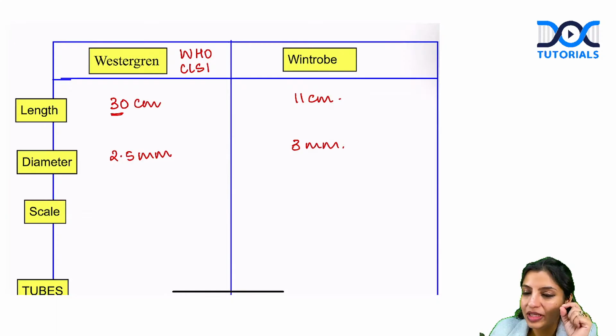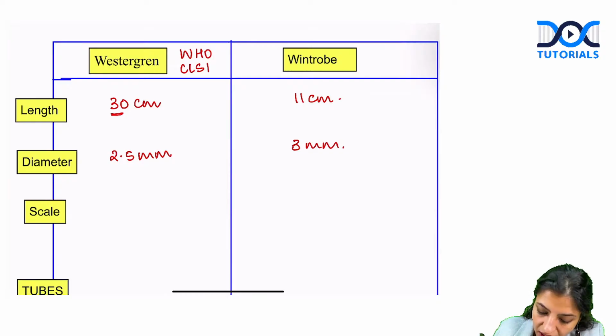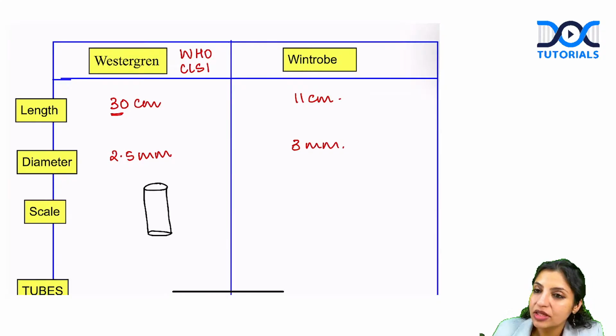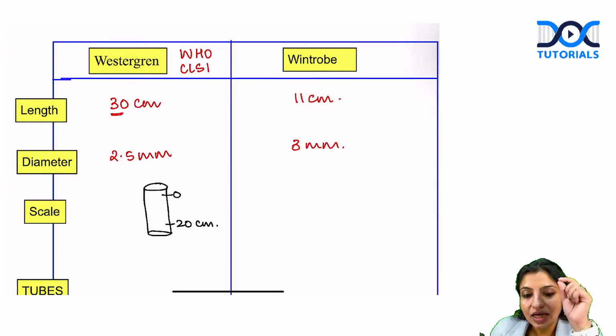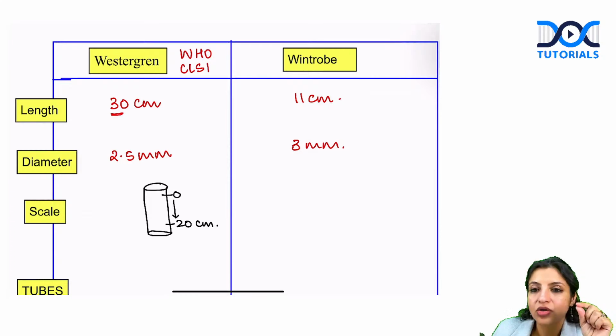Now, once you're clear with this, always remember there is a difference in the scaling, or the arrangement of the numbers. I told you Westergren is a pipette, so the numbers are only given from 0 to 20. That is the scaling, and it is always from top to bottom.